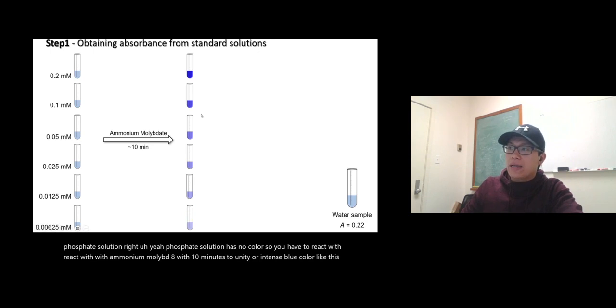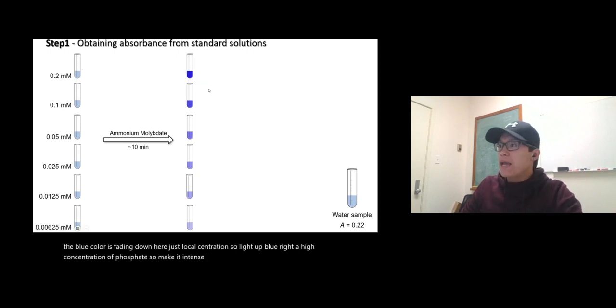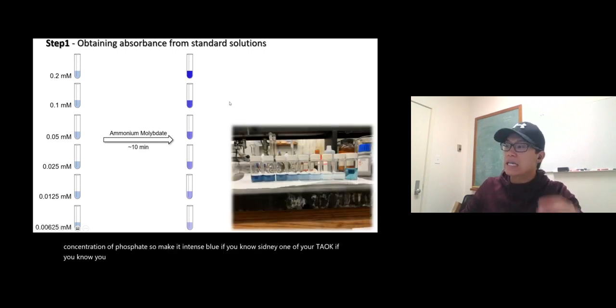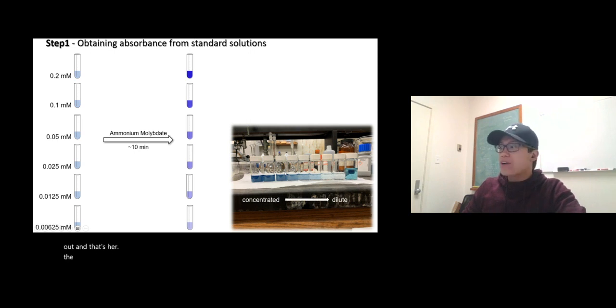Note that I intentionally made the blue color fade down here. Low concentration gives a lighter blue, and high concentration of phosphate gives an intense blue. One of your TAs, Sydney, has done this 3 or 4, maybe 5 times already. I asked her to try it out, and that's her water sample after adding the ammonium molybdate, from high concentration to low concentration.